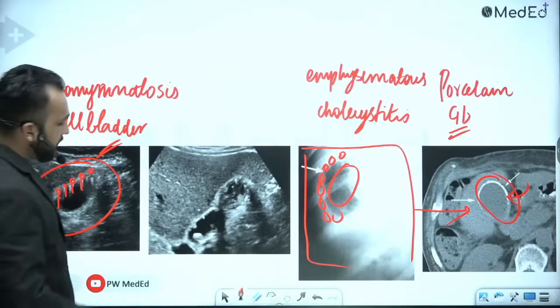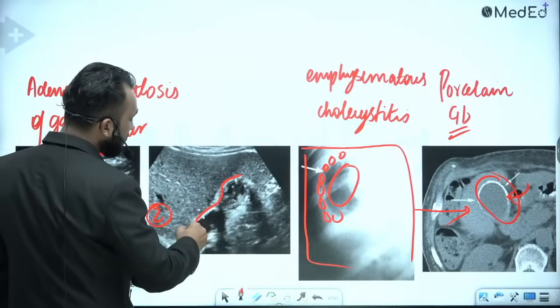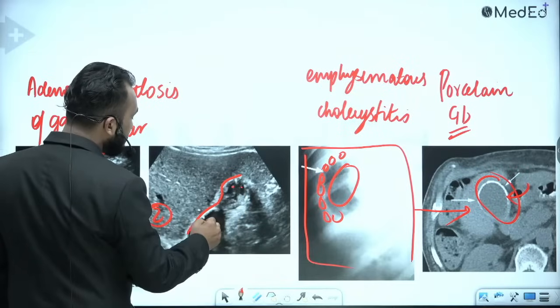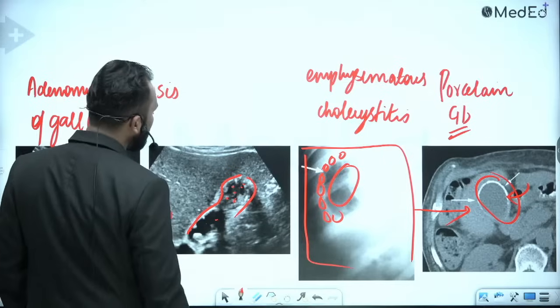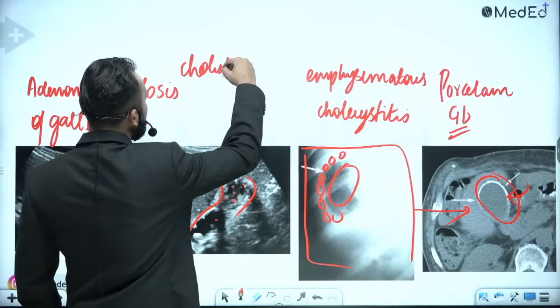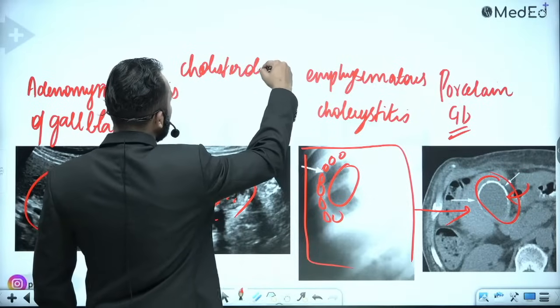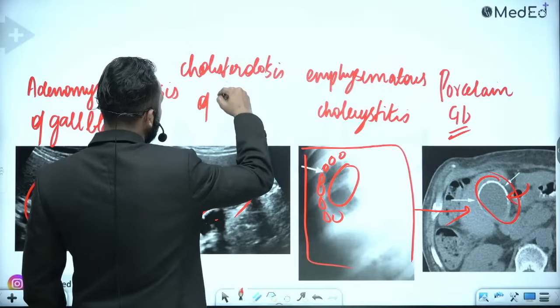And in the second image, we can see that the gallbladder walls are thick. Multiple echogenic foci can be seen within the lumen of the gallbladder. This is your cholesterolosis of gallbladder.